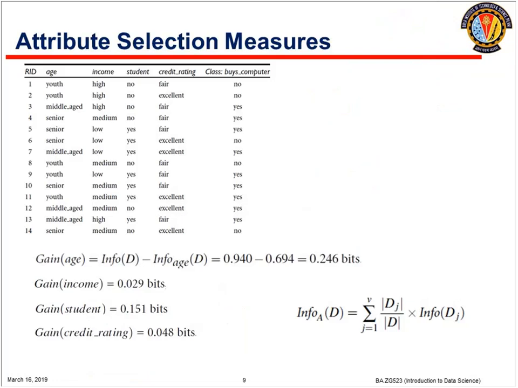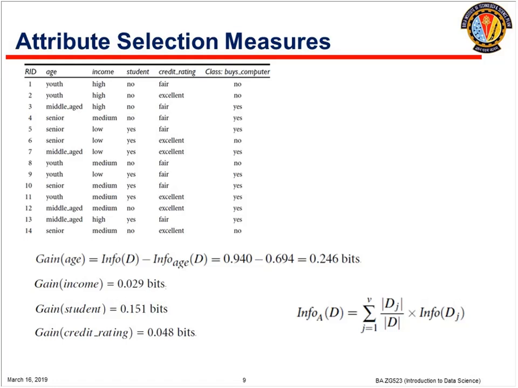Here, if you look at the final answer, you'll see it is calculating gain. If the split has the least entropy, that means it will have maximum gain. Gain is nothing but the initial entropy minus the resultant entropy.